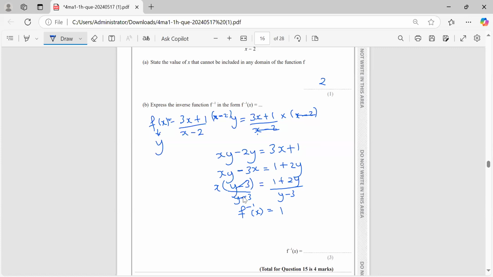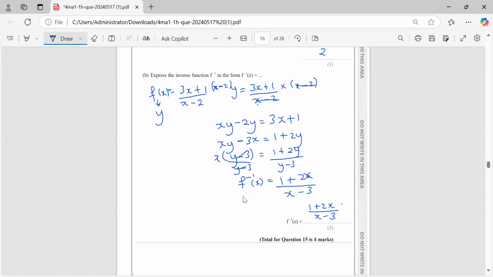So it becomes 1 plus 2x over x minus 3. So this is your final answer. So the inverse of f of x is 1 plus 2x over x minus 3. That is your answer there.